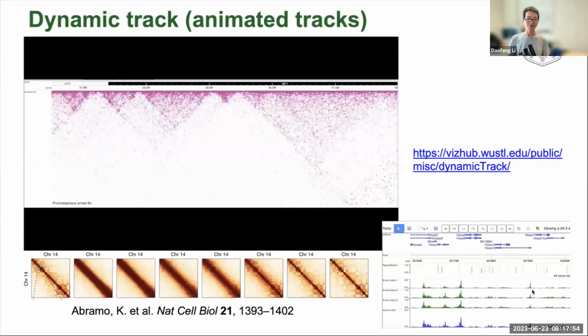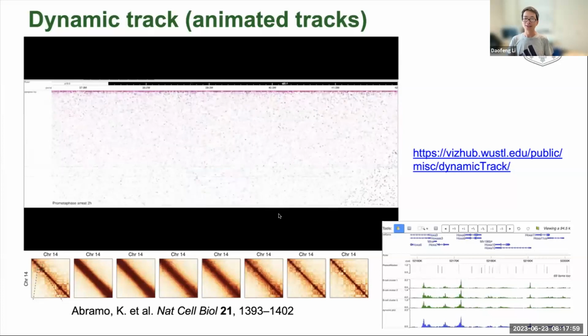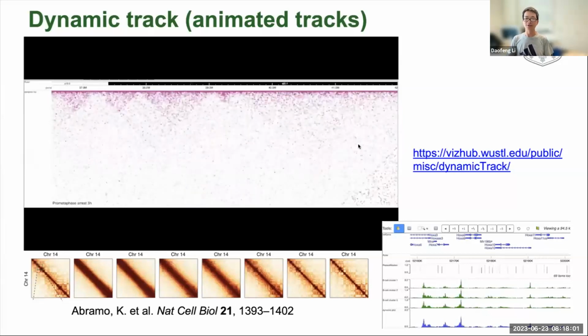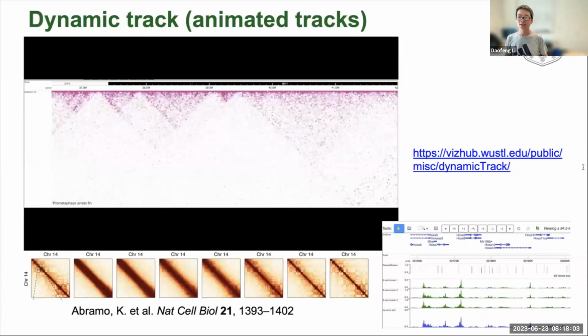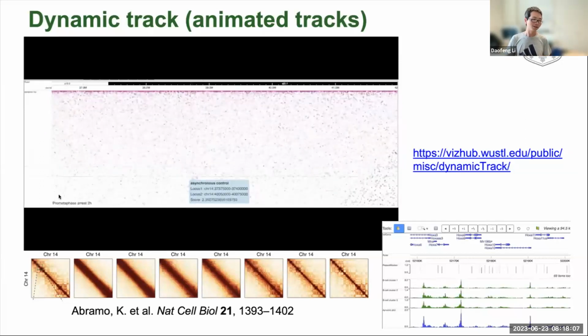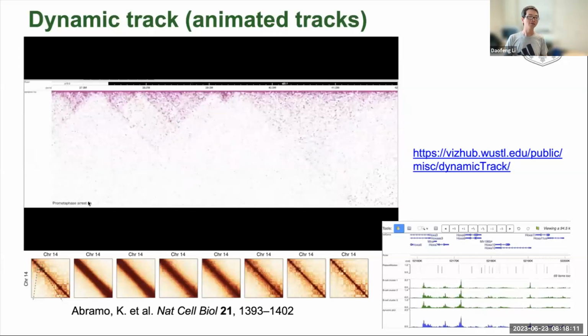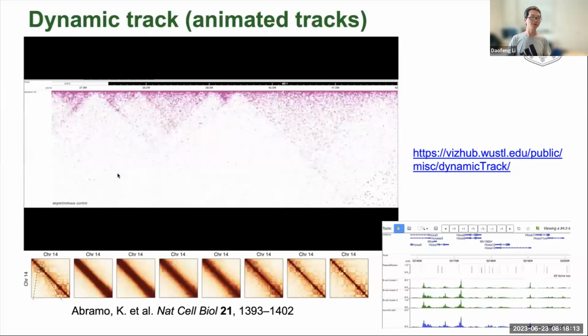The data comes from this paper from the Job Dekker group. This is showing eight Hi-C maps in a region on chromosome 14. At the top left, there are labels showing the different time points for the different Hi-C maps.